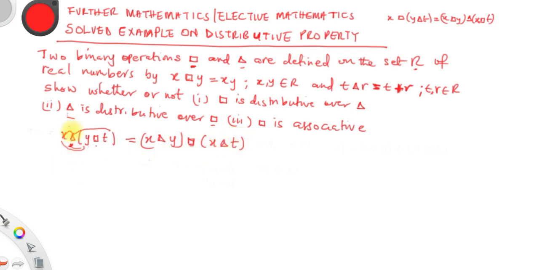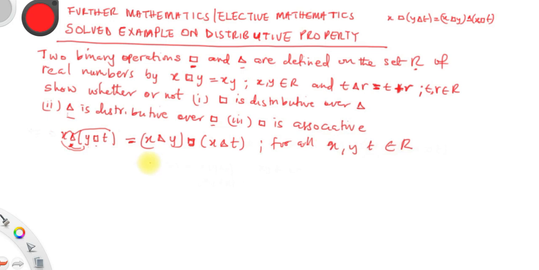The operation triangle is distributive over square if x triangle (y square t) equals (x triangle y) square (x triangle t), for all x, y, t belonging to the set of real numbers. Irrespective of the elements you decide to take, it holds.